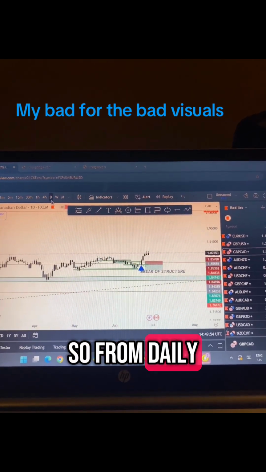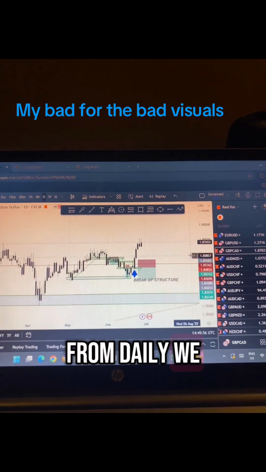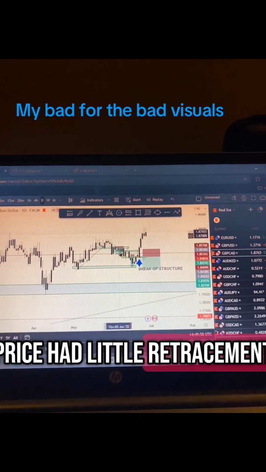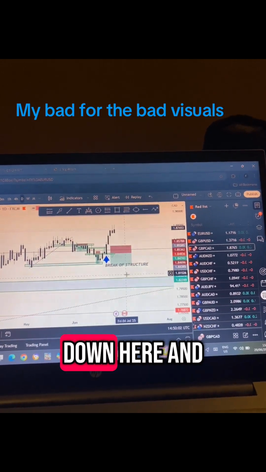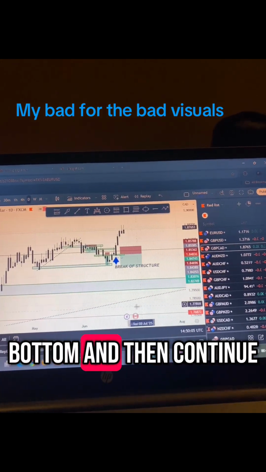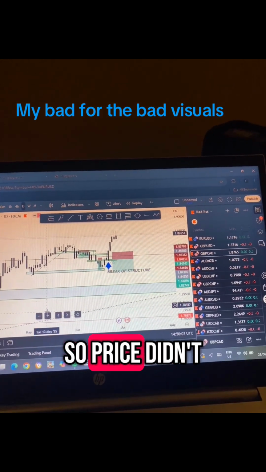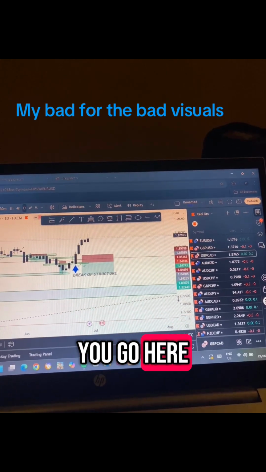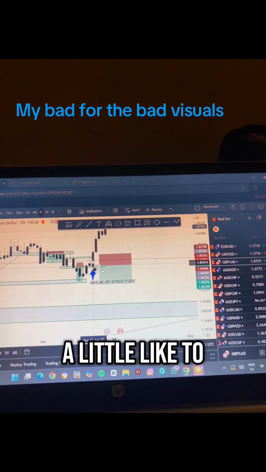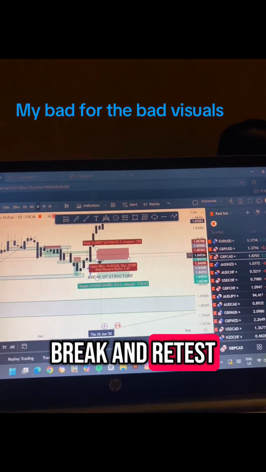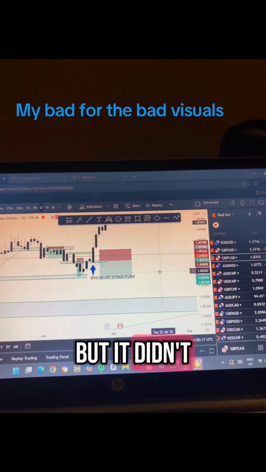From the daily, we see that the price had a little retracement. We were expecting more of a retracement, maybe to come down here and create somewhat like a double bottom and continue. Price didn't do that. When it went here, we were expecting a break and retest to continue the downtrend, but it didn't happen.